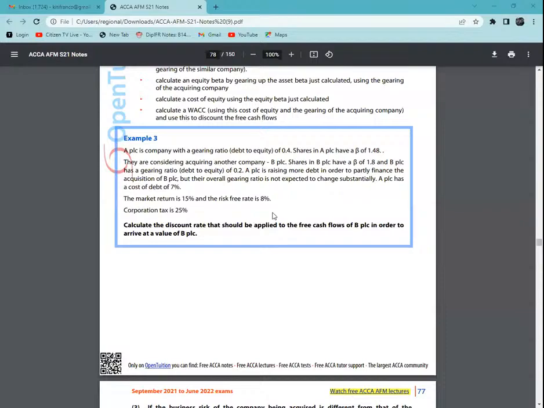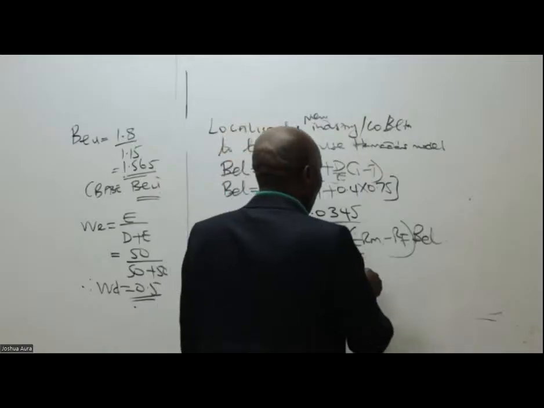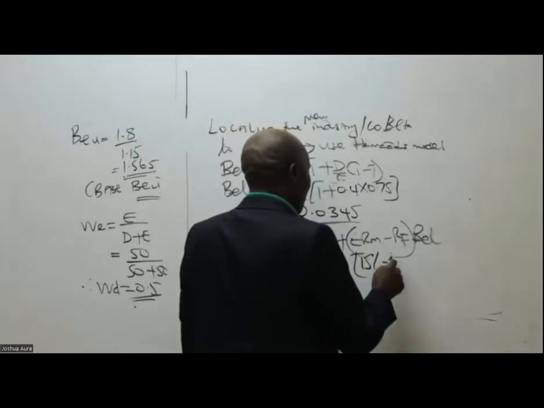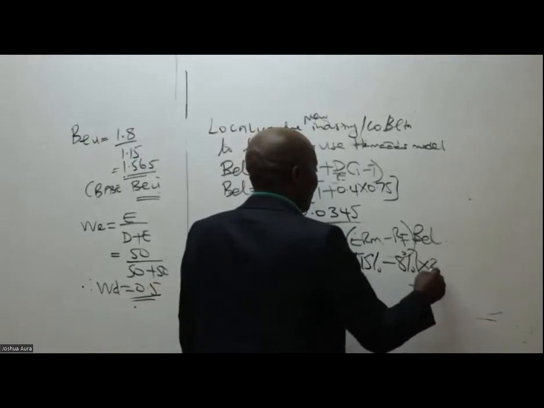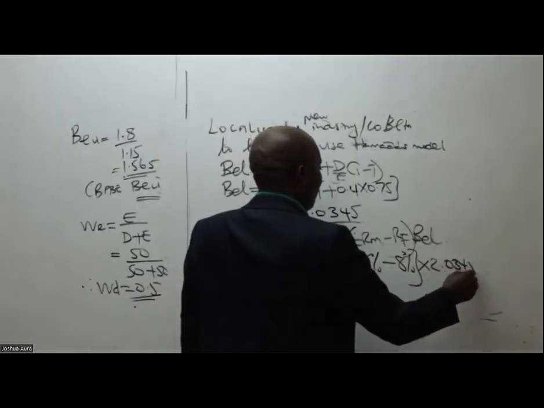I'm being told it's 8%. Thank you so much. Plus, are you able to see the expected return of the market? Yes, market return here is 15%. So market return 15% minus risk-free 8%, multiplied by the beta we got up here, which is 2.0345.